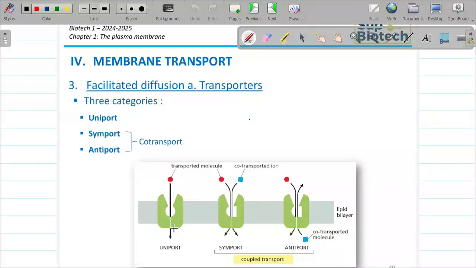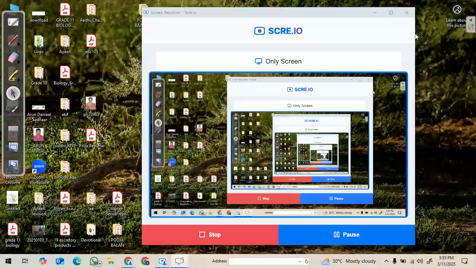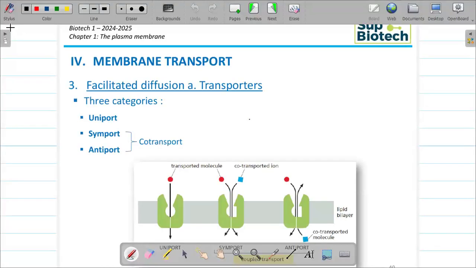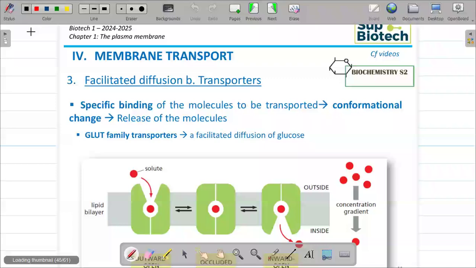In uniport, the molecules can go in one direction. In symport, two molecules can go simultaneously in the same direction. But in antiport, they can go in both directions.